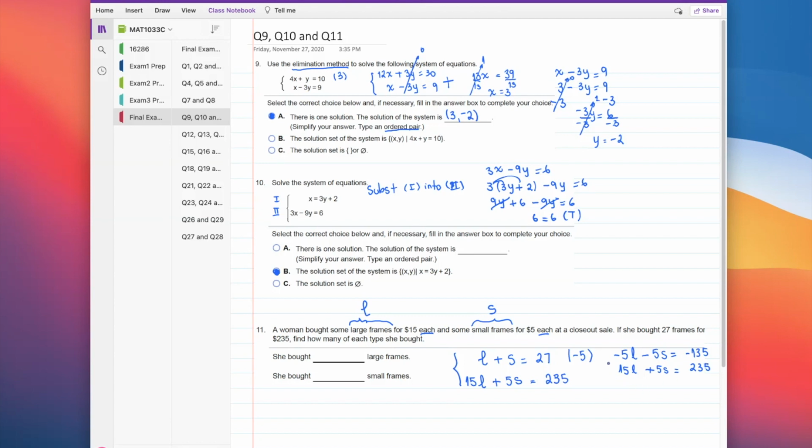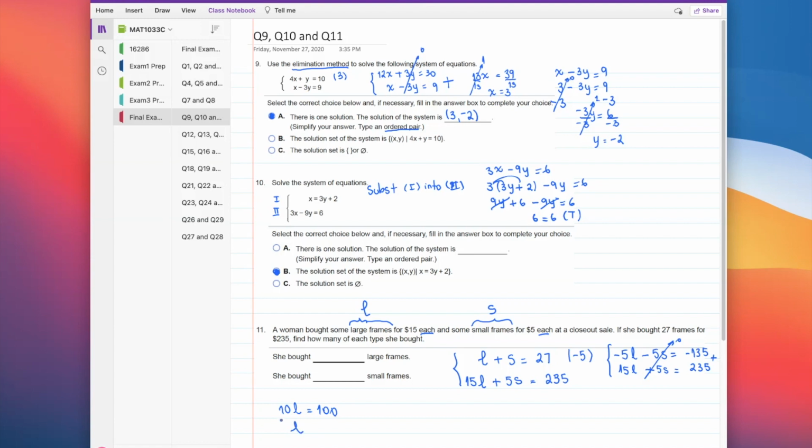Then when I add them together, I get one equation where this term goes away, then here becomes 10L equal negative 135 plus 235, which is 100.